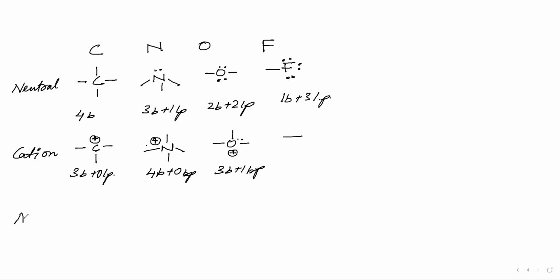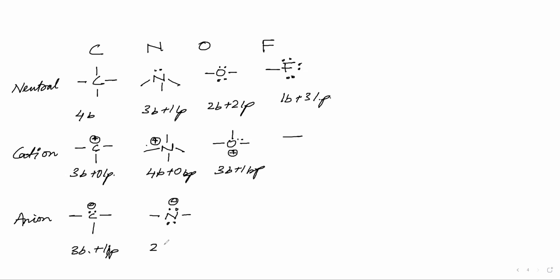And if I want an anion, now carbon will be having 3 bonds plus 1 lone pair. I mean, if you go home and calculate the formal charges in each of the cases, you will get the same. Now, if nitrogen wants to have it, it will be having 2 bonds and 2 lone pairs. Now this will give it a negative charge.